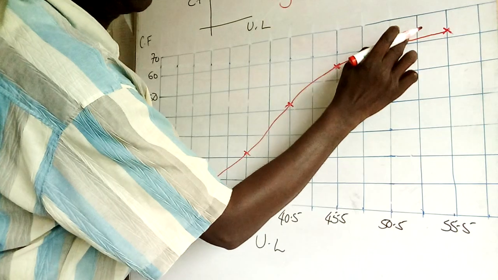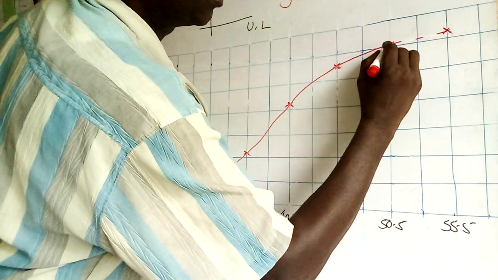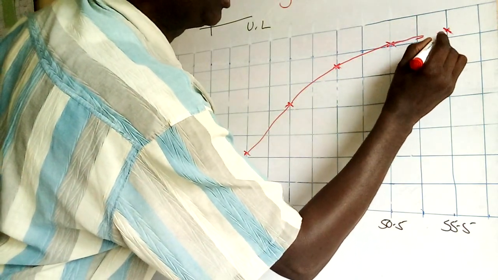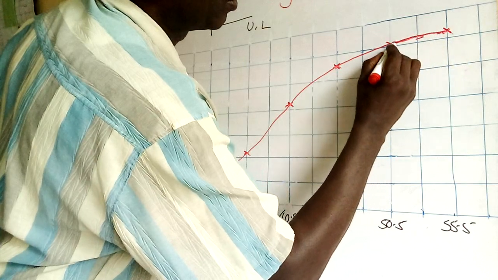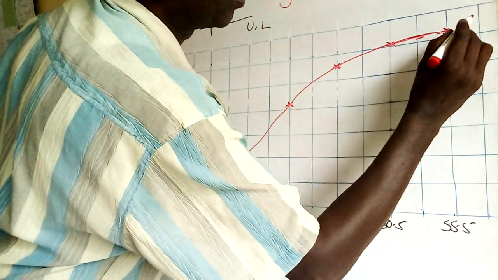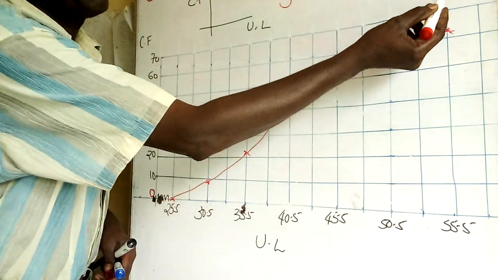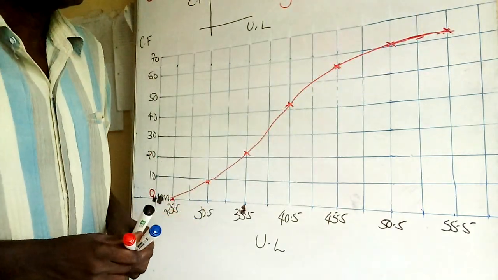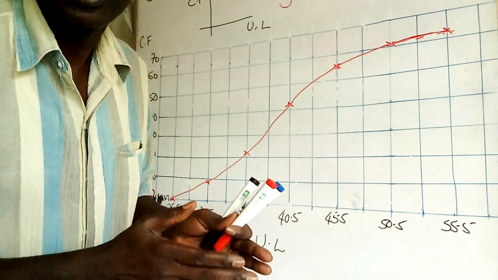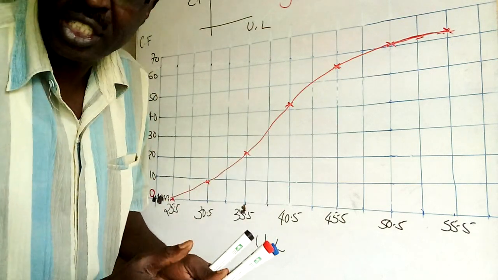Okay, so you can see, you have to avoid shaking. There. So basically, this is my curve. I've gotten that. So there is axis, there is plotting, there is the curve.